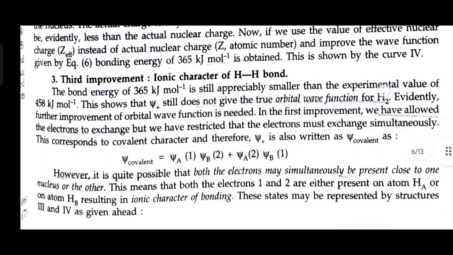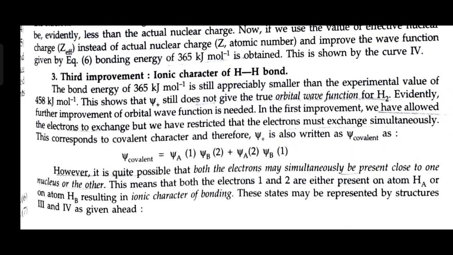Third improvement, ionic character of the H-H bond. The bond energy of 365 kJ per mole is still appreciably smaller than the experimental value of 458 kJ per mole. This shows that psi positive still does not give the true orbital wave function for H2.